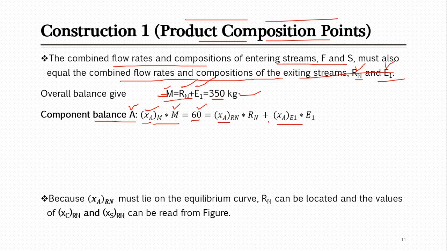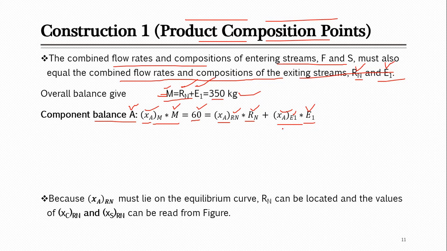That's equal to, now this component coming from the M stream is separated into two, raffinate and extract: the mass fraction of component A in the raffinate stream leaving from the nth plate multiplied by the total amount of that raffinate stream, plus the mass fraction of this component in the extract stream leaving from plate 1 multiplied by the total amount of that extract stream.